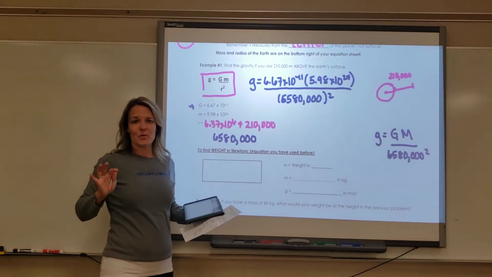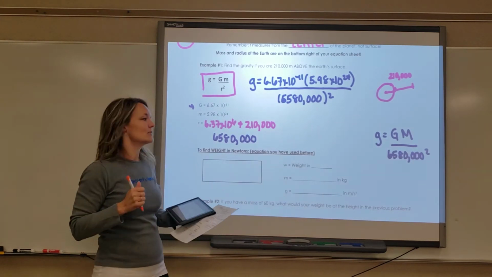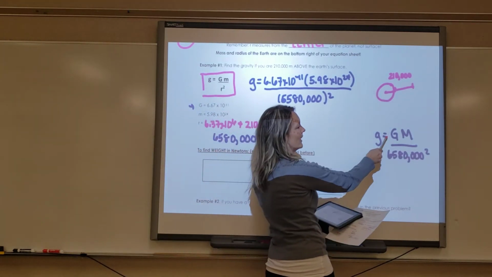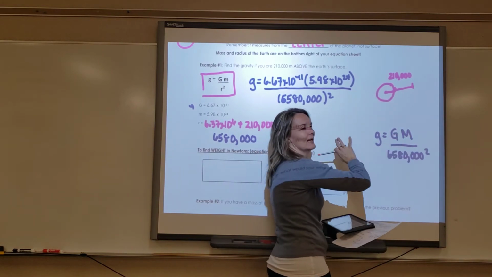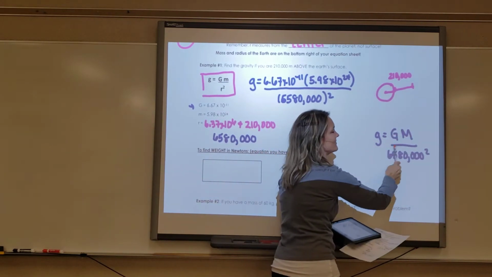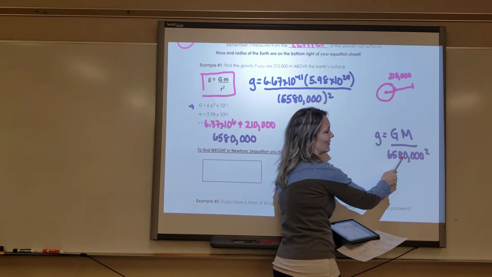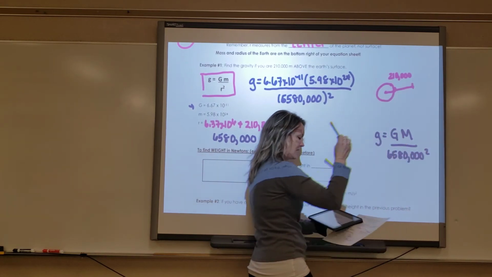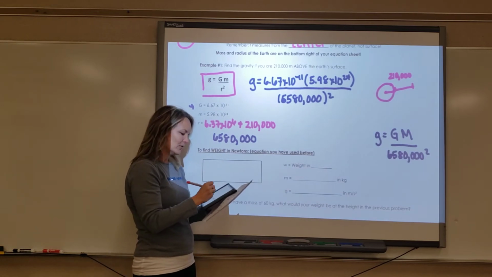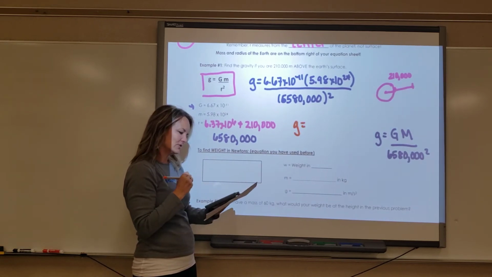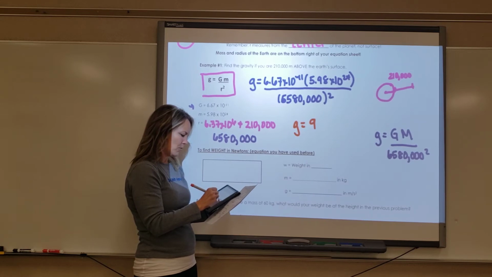The easiest way to calculate this is to hit alpha G times alpha M, hit enter, and then divide it by 658,000 squared.